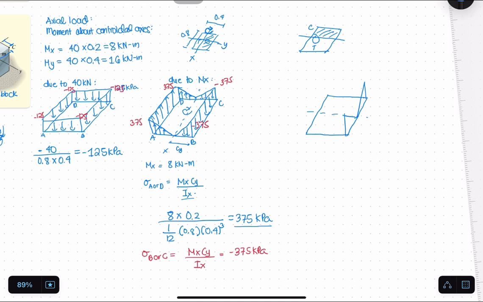Then, parang ganyan. So, dito yung compression sa likod. So, pababa, pababa. While this one, pataas.